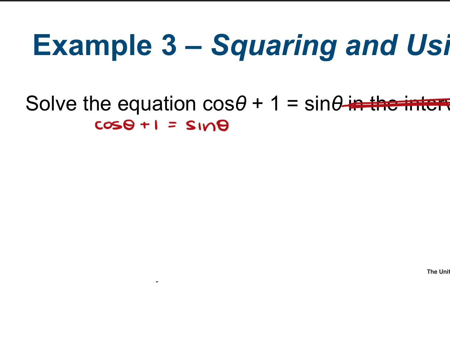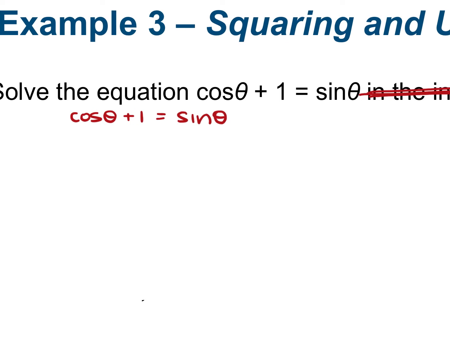If that sine theta was squared, you could turn it into a cosine squared theta using your identities. So start this one by squaring both sides. This gives us cosine theta plus 1 times cosine theta plus 1 is equal to sine squared theta.